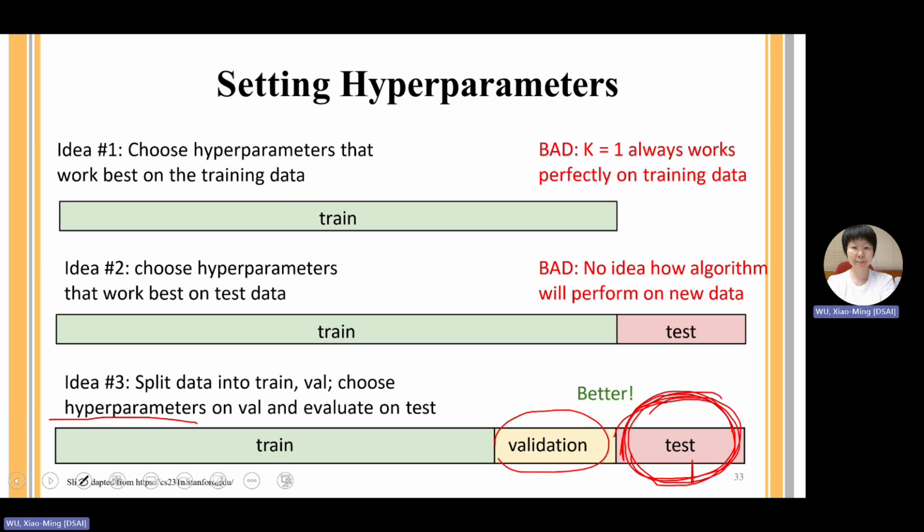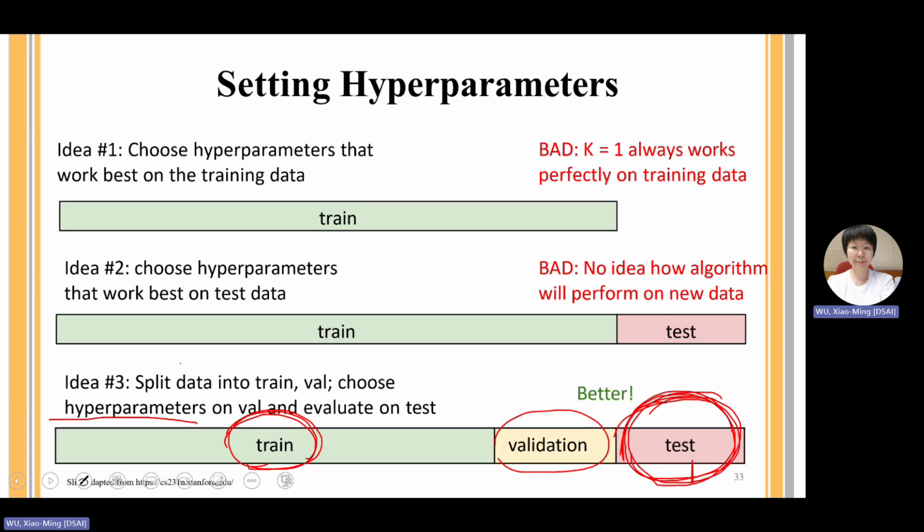We use the training set to train our model. Of course, we can choose different hyperparameters for our model.